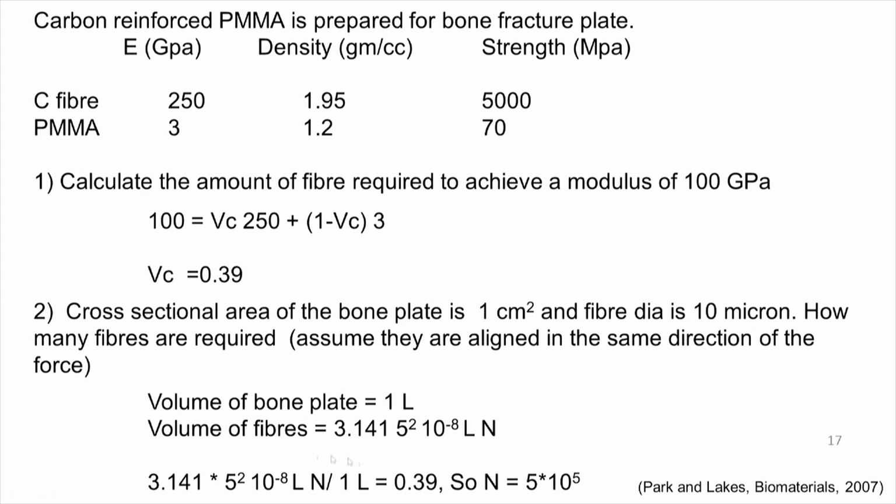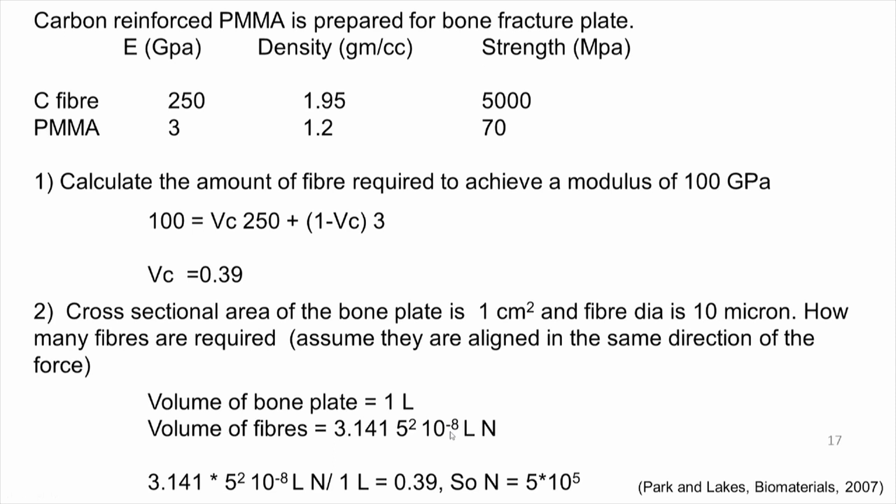You understand? So, the cross section of the bone plate is 1 centimeter square. If I take the length of the bone plate as L, 1 into L will be the volume. Take one fiber, pi r square L, r is 5 microns. So, pi into r square, and this is converting the micron into centimeters, okay.